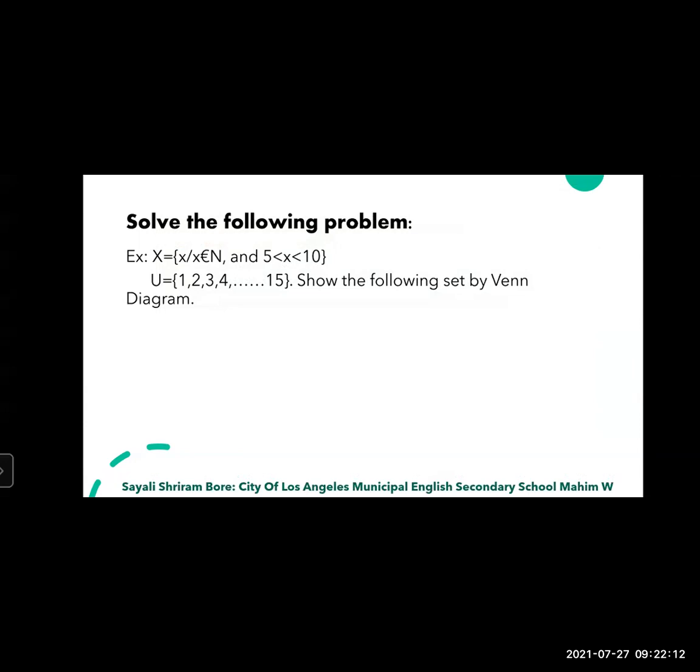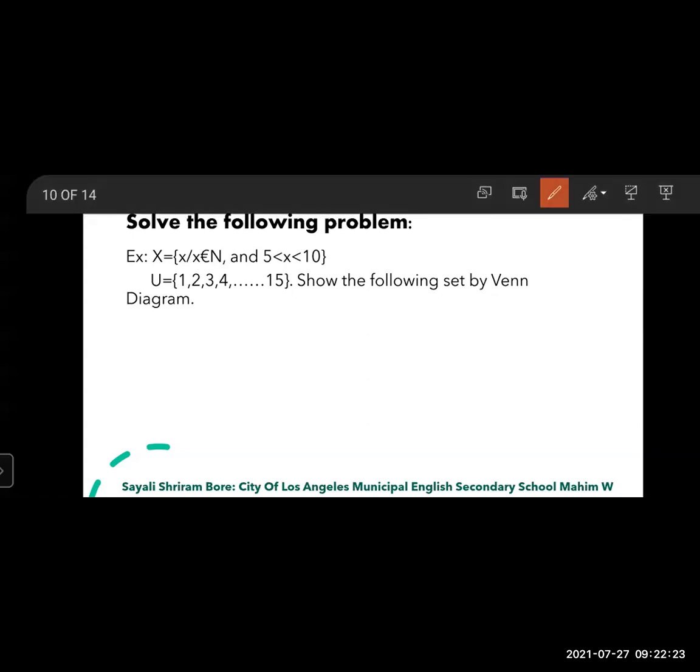X is equal to x such that x belongs to N, that is natural numbers, and x lies between 5 and 10. That means this condition is given: 5 is less than x is less than 10.